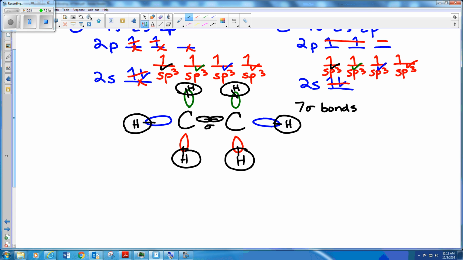This hybridization is called sp3 hybridization, and it is characteristic of all tetrahedral domain molecules.